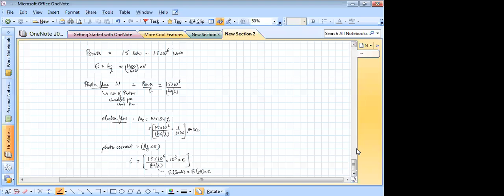Then as the loop is fully inside, the flux becomes constant, so the EMF is zero. That is why they have given the value of flux, not the value of EMF. Is it clear now? Okay.